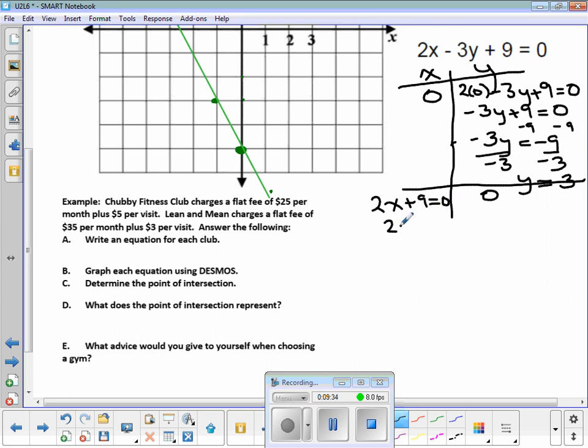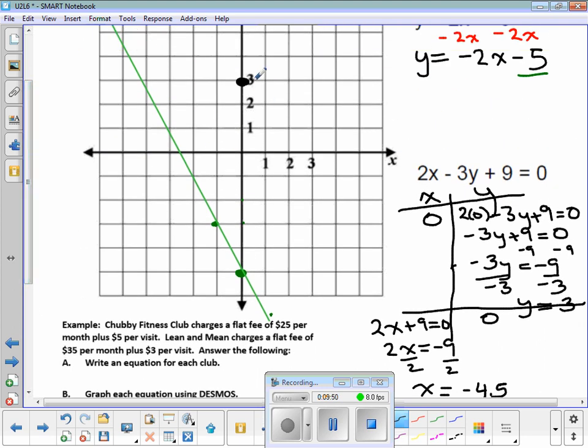Subtract 9 from both sides, and then divide both sides by 2. And so I have x is negative 4.5. So when y is 0, x is negative 4.5. So 1, 2, 3, 4.5 is here.